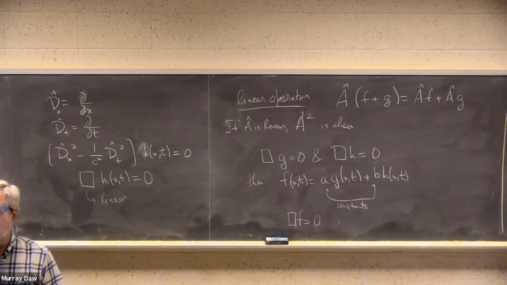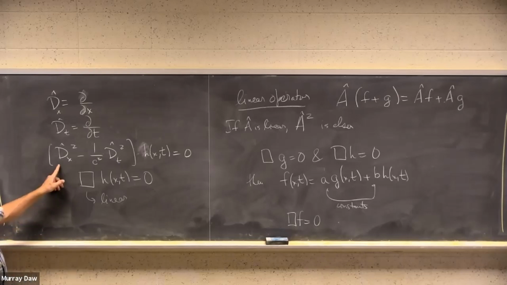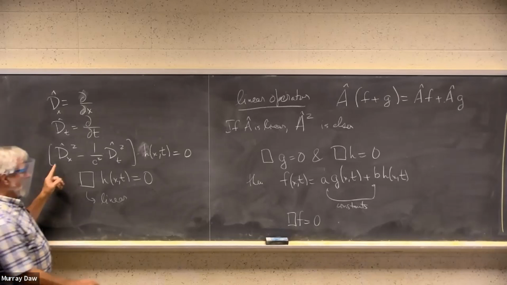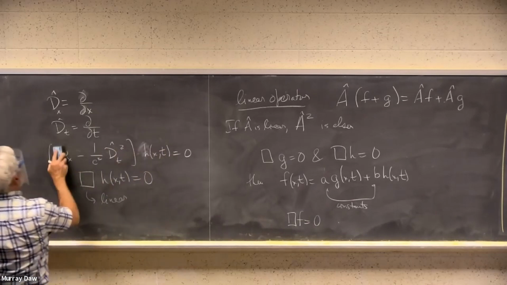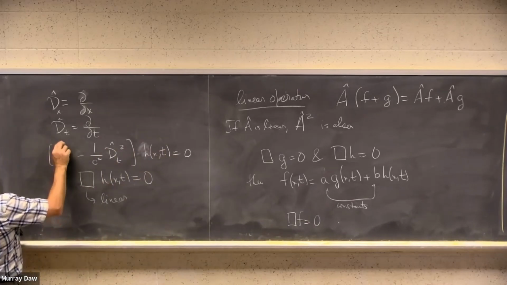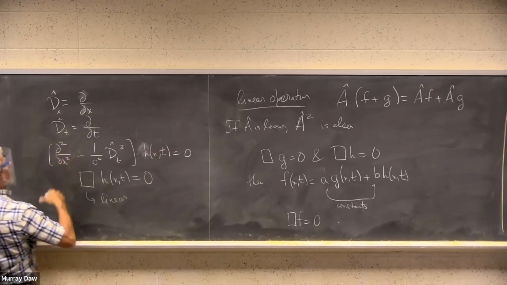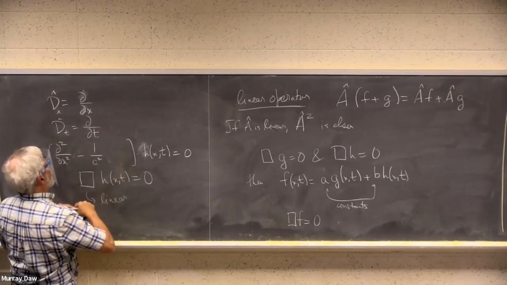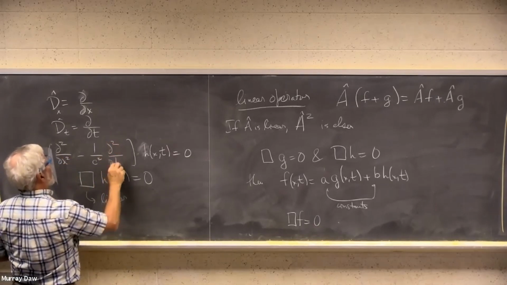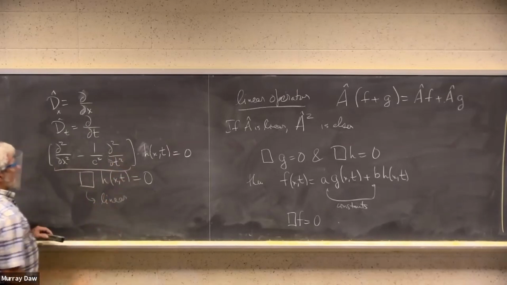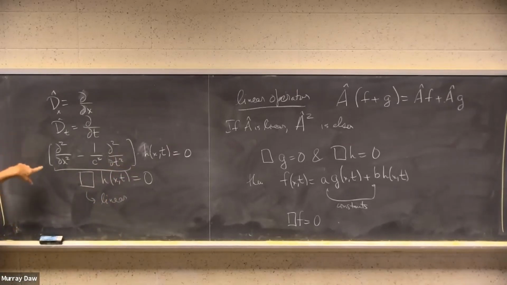Different character. Yes, ma'am. This might be a really dumb question, but what is the square? The square is just this. It's just the wave equation. Yeah, it's the operator for the wave equation. So it might be more commonly written like this. This is the square. It's the operator. So it's just everything that's in those brackets. Okay, cool.